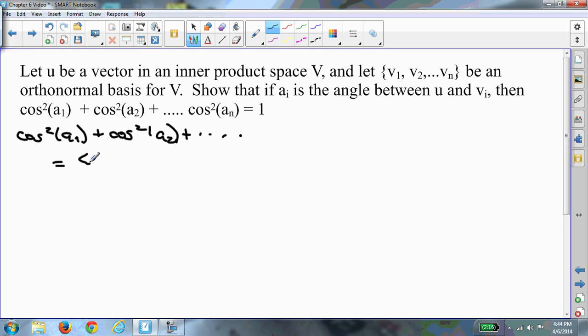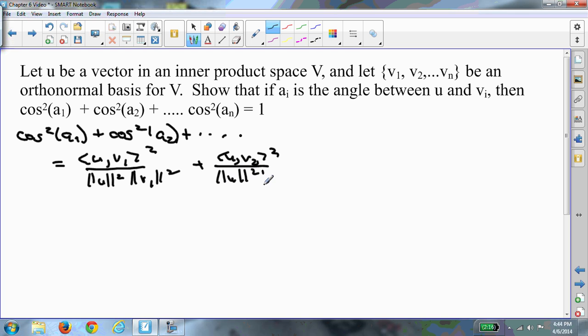let's see, A sub I is the angle between U and V sub I. So this would equal U comma V1 squared over magnitude U squared, magnitude V1 squared, plus U comma V2 squared over magnitude U squared, magnitude V2 squared, plus so on and so forth.